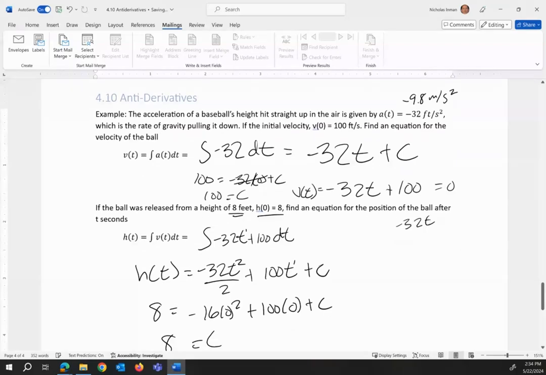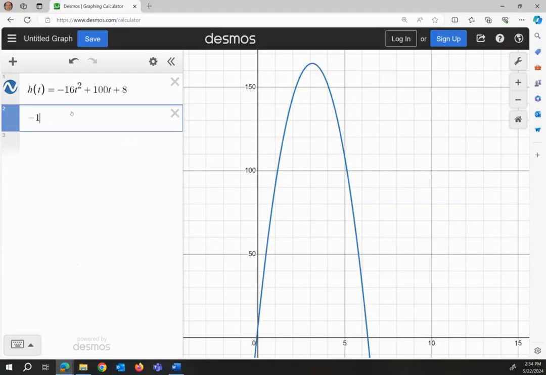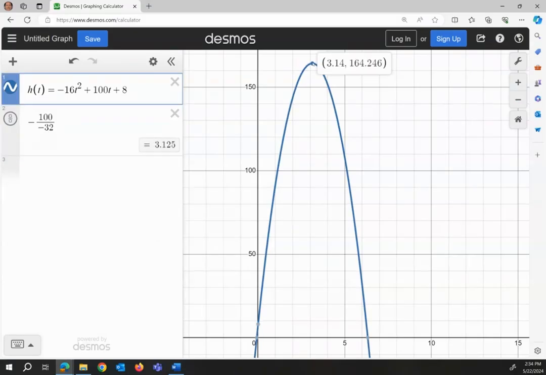Negative 32t plus 100 equals 0, so t is negative 100 divided by negative 32, which is 3.125. Look at that. 3.125 for the time of that maximum height, when your derivative is equal to 0.